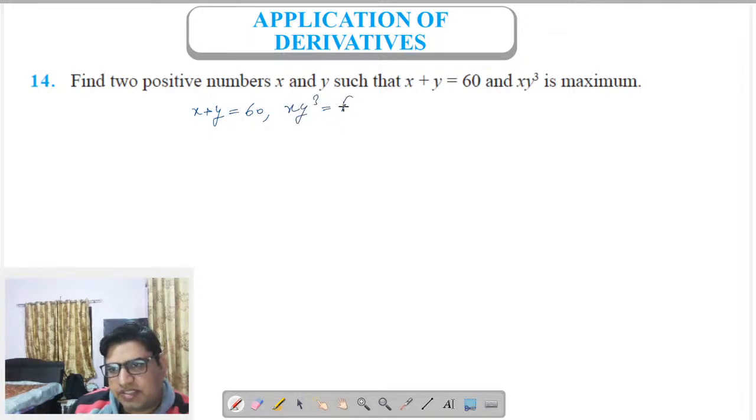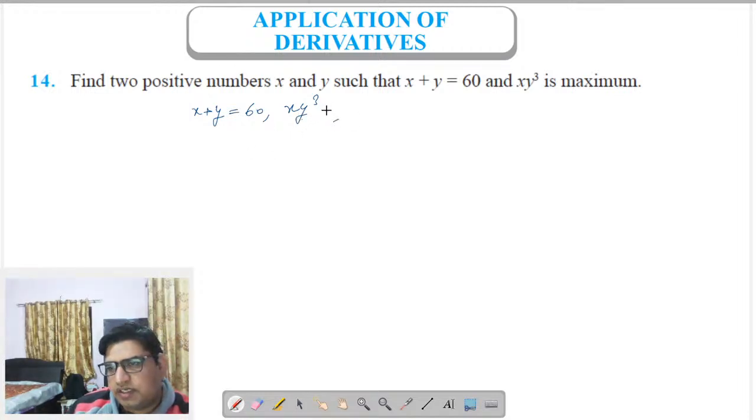And we need to maximize this. So this is the other equation, f(x, y). ठीक है, so these are the two equations.